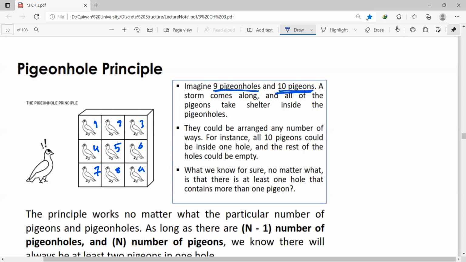If each one goes into different pigeonholes, this one should go into one of those pigeonholes. That means there is at least one pigeonhole which has 2 pigeons in it.